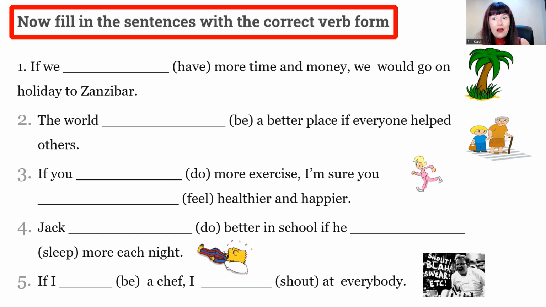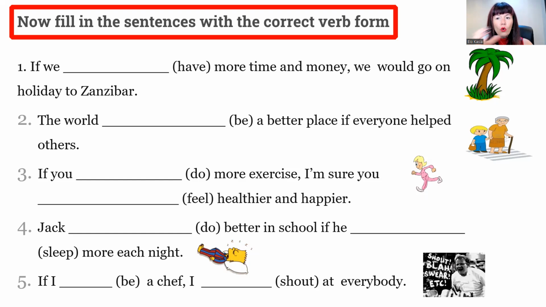Now we have to put 2 verbs, okay? If you would do more exercise, I am sure you would feel healthier and happier. Okay, so think carefully about this one. We start with if, you, and then verb, and then what happens after that? We'll check your answers in a minute.